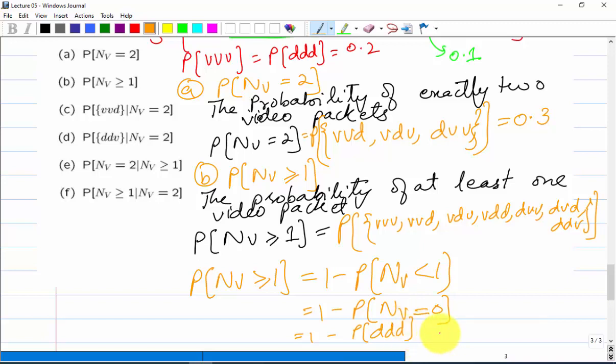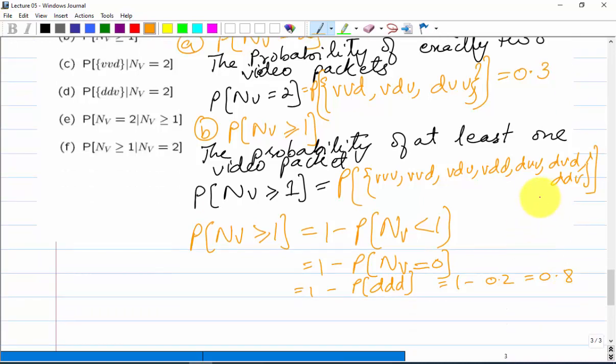This is 1 minus 0.2, which is 0.8. So the answers will be the same whether we calculate from here or from here.